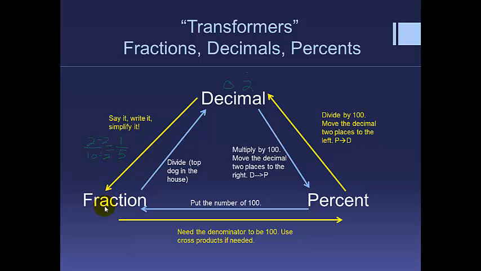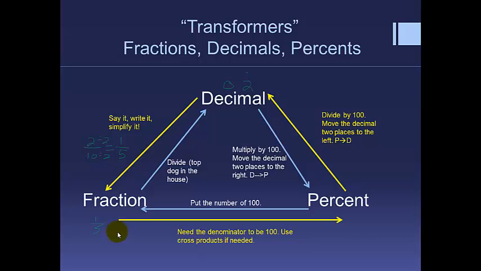Now I want to take the fraction of 1/5 to a percent. So there's a couple of different things you can do here. I like to say, is this a nice denominator? And what I mean by that is, can this number be multiplied by a number easily to get to 100?